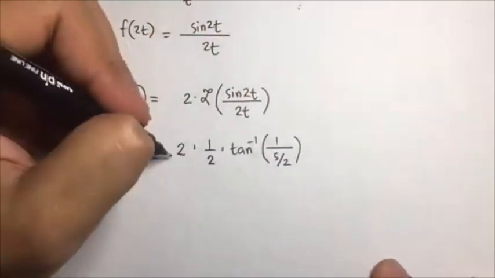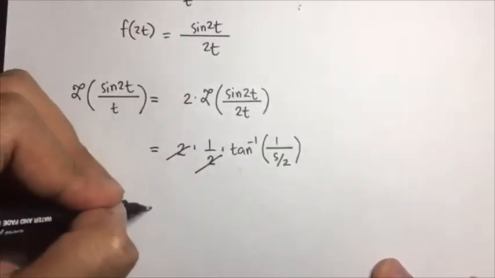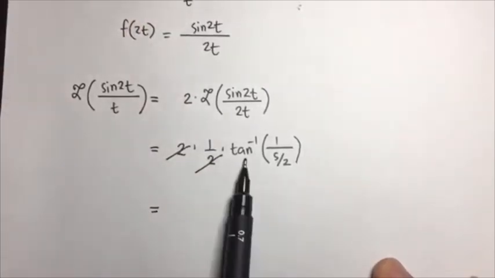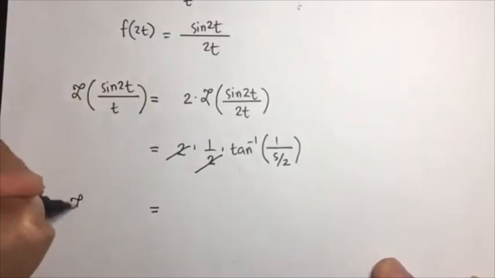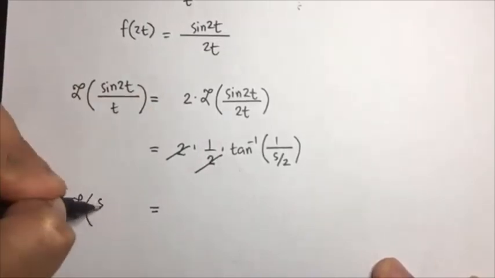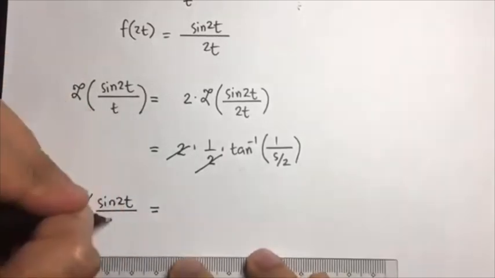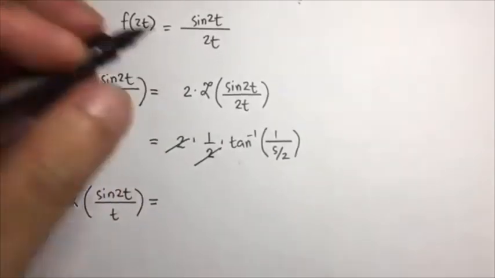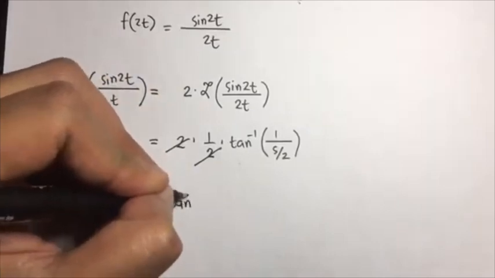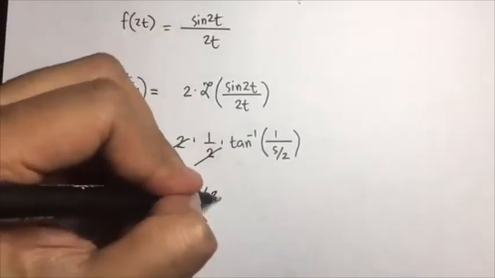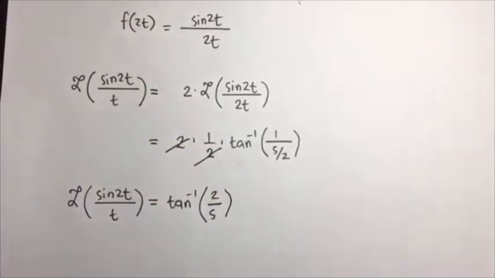If we simplify this, the 2 and 1/2 will cancel out, and what will remain is that the Laplace transform of sine 2t over t is equal to arctan of 2 over s.